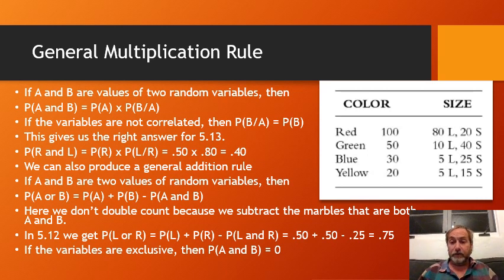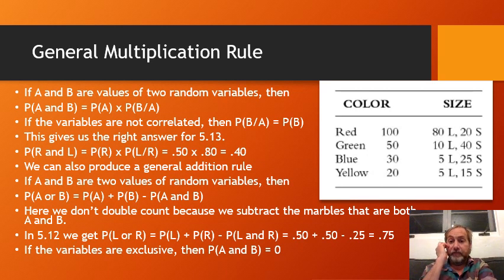But here we can also use the more general calculation and run that number. So the probability of red and large in this population, where there is a correlation, is the probability of A, which is red, times the probability of the marble being large given that it's red. And we can look at the chart to figure out that conditional probability.